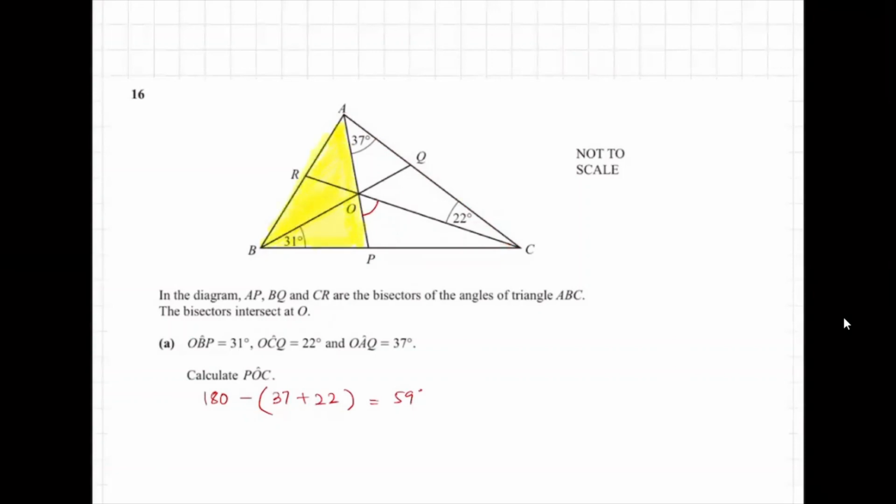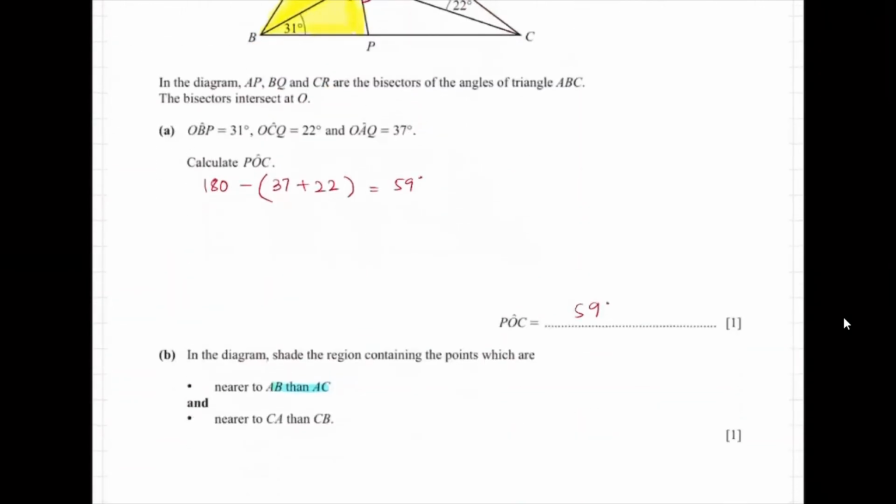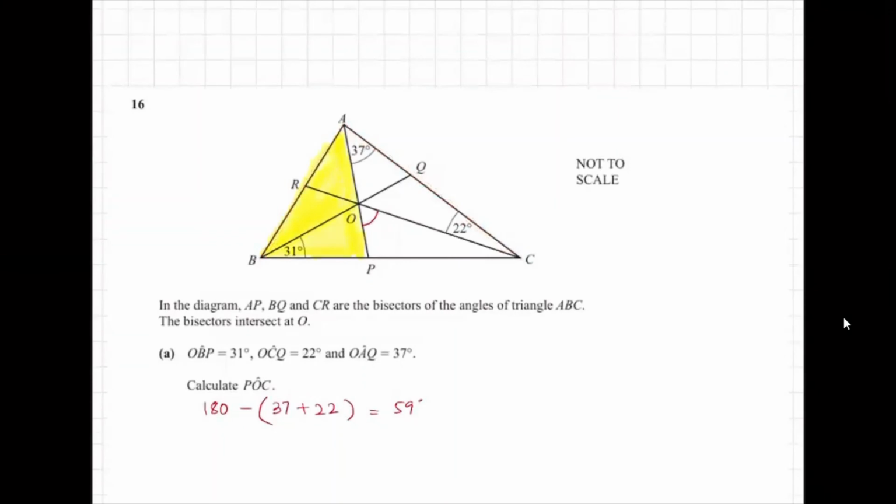Okay, done. Now they are saying nearer to CA than CB. Where is CA? CA is here. And CB is here, which means it has to be towards this line, right? That's how we will be using the perpendicular bisector line. Let's shade it. Oops, sorry. So this is the part that I have to shade.